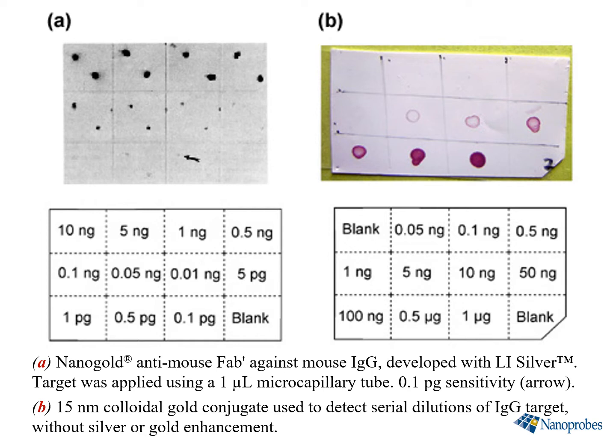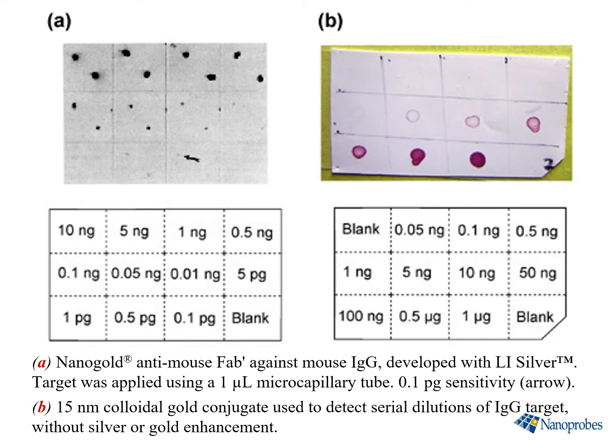Both are being used to detect an IgG target, which has been spotted in serial dilutions onto the membrane. And as you can see from the keys underneath each blot, the last visible spot on the Nanogold blot contains just 0.1 picograms of the target IgG. The last visible spot on the colloidal gold blot contains 1 nanogram of target IgG.